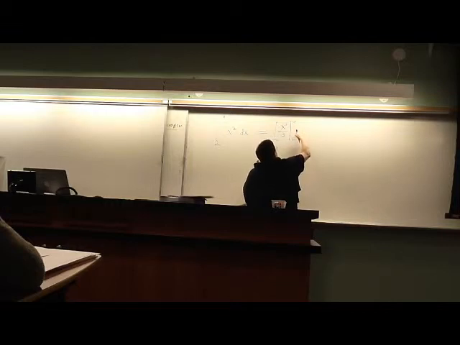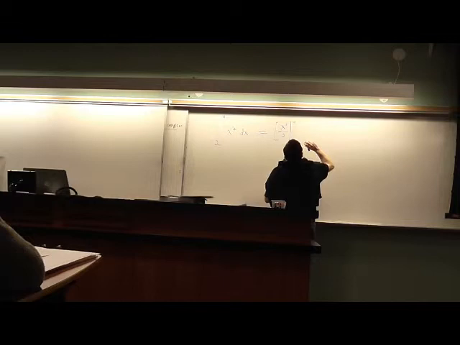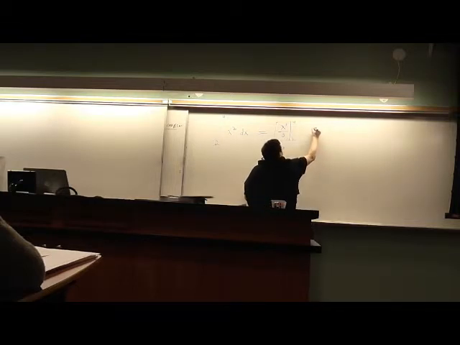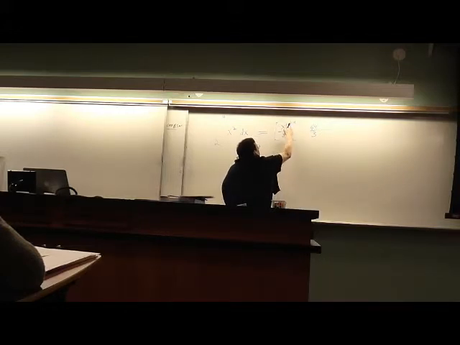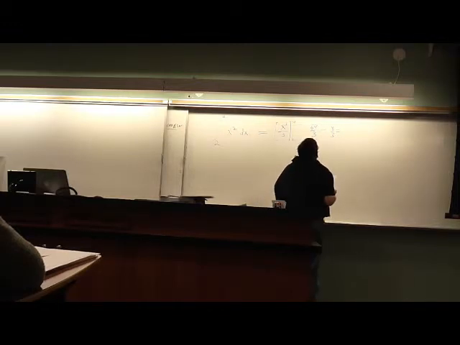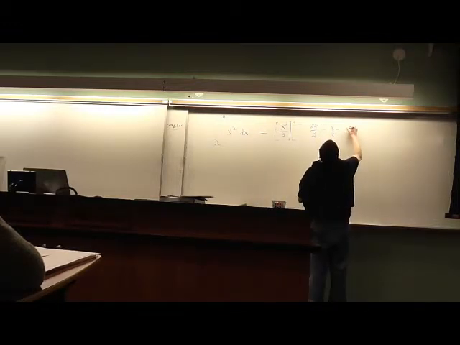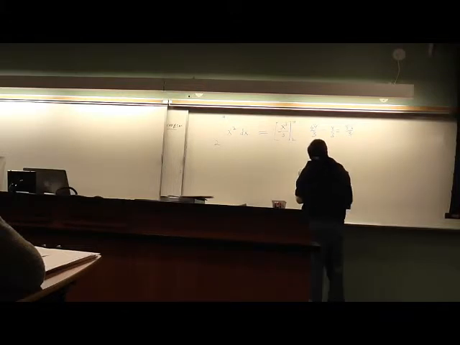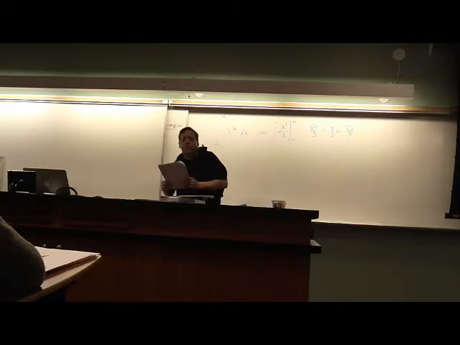I want to evaluate this, so I evaluate it at 4 first. 4 cubed is 64. Then I subtract the antiderivative at the other limit. So that's 8 thirds. So I get 56/3. And I know that's in lowest terms, right?